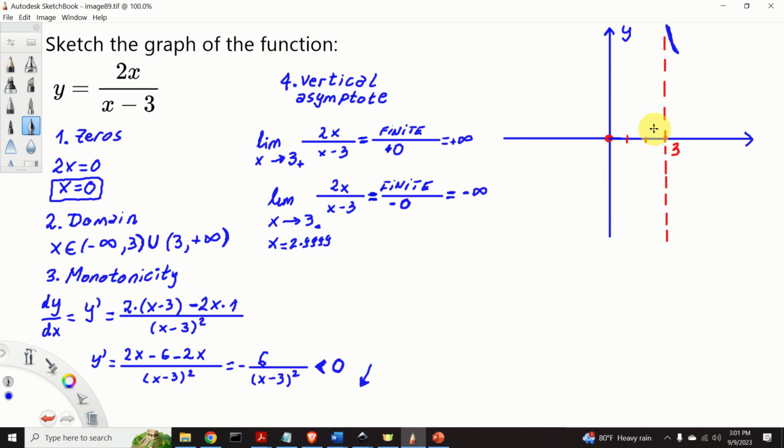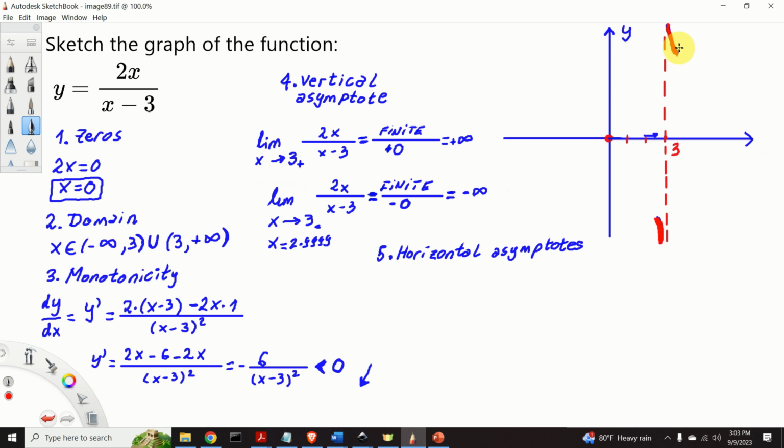That is, when we approach from this side, our function goes to minus infinity. Perfect. To summarize, we concluded that x is equal to 3 is actually a vertical asymptote.